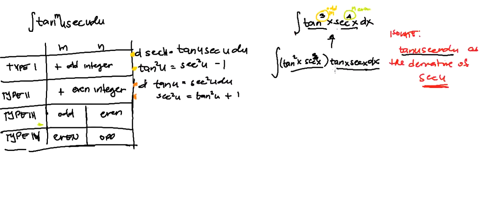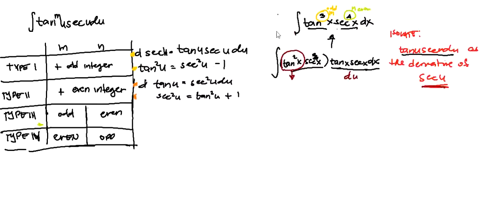Once again, we isolate this because we will use it later as the derivative of the secant. That's why we need to convert this tangent in terms of secant. But how? Of course, by using its identity, tangent squared u is equal to secant squared u minus 1.